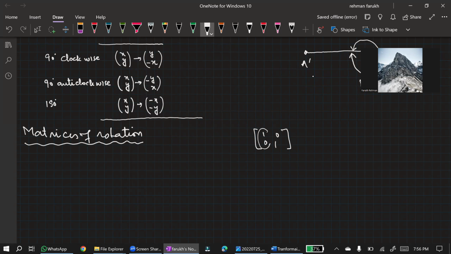This one is point A, this one is point B. These are the x coordinates, and these are the y coordinates.